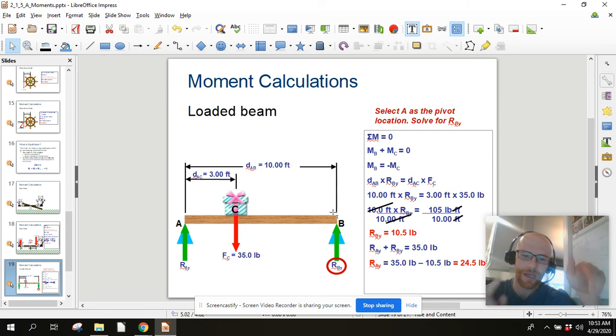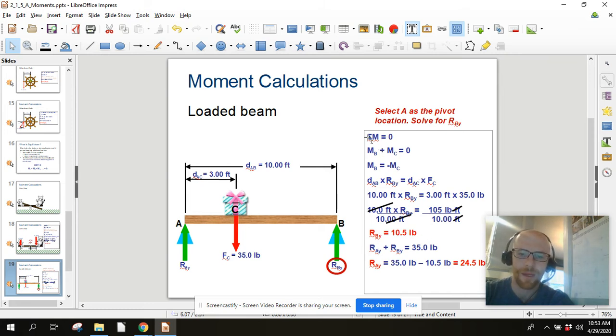Generally, if A was not supported and B was the only thing supporting it, you'd say, okay, the farther the gift gets away from B, the greater force it's going to have, right? But because it's supported here, more of the load, just common sense wise, is traced back to A than B. And it is proportional to the distance here. So let's take a look.